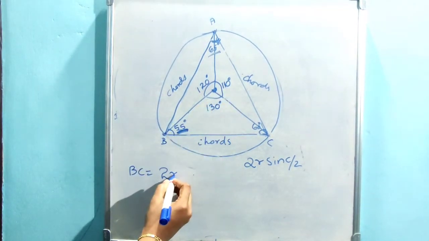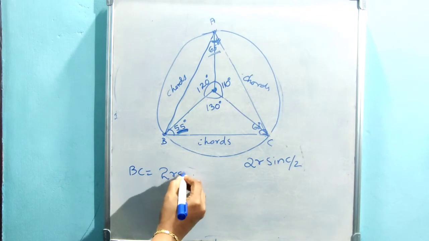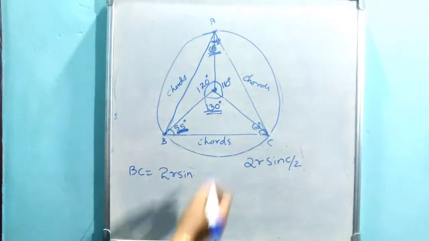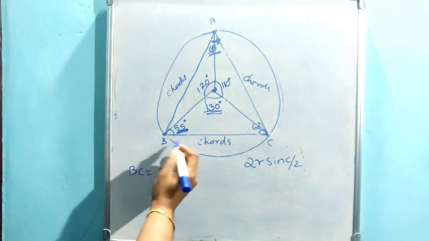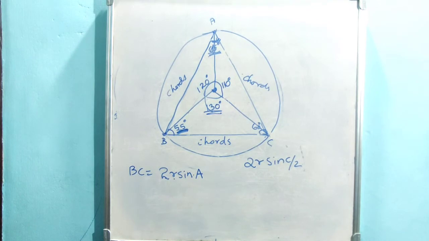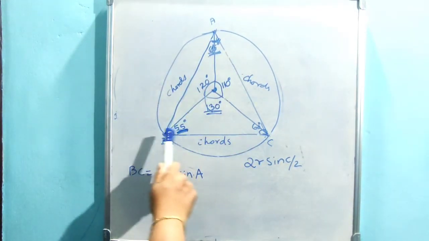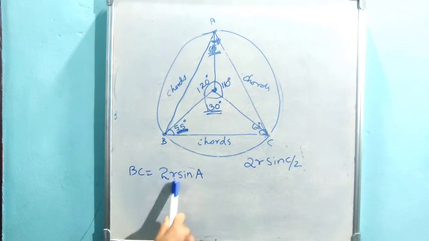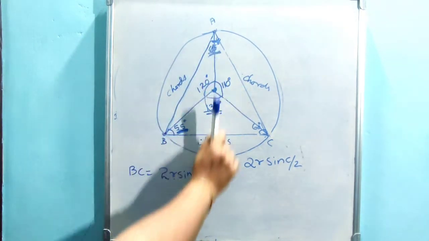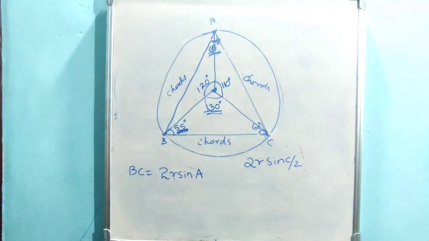So 2R sine C by 2, C is 130 and its half is 65. So we have BC is equal to 2R sin A. A is 65 degree. That is, this side is equal to 2 times the radius into sine of the opposite angle.